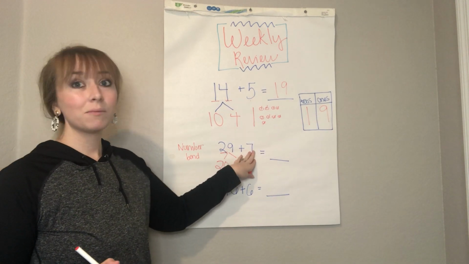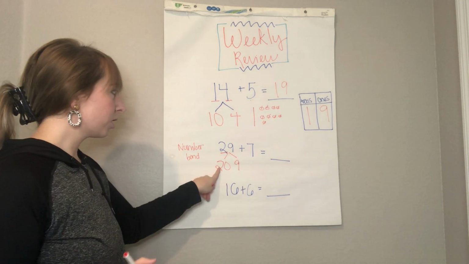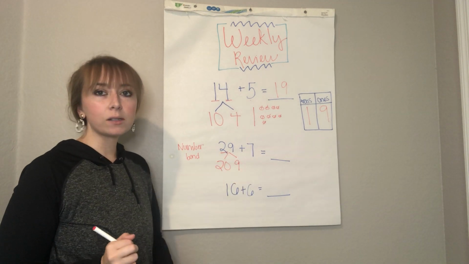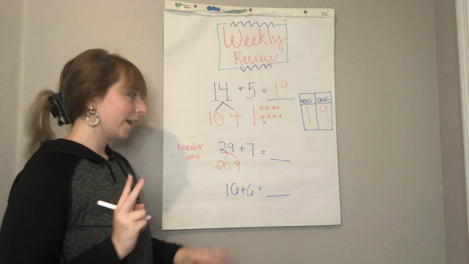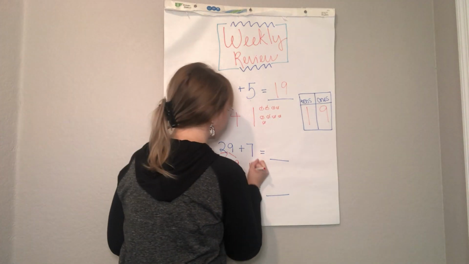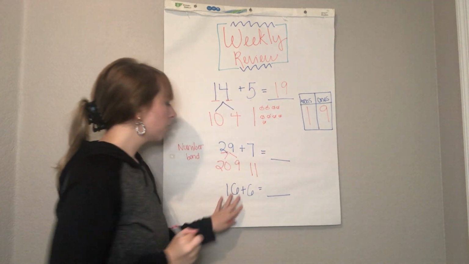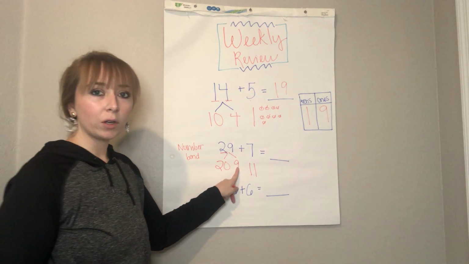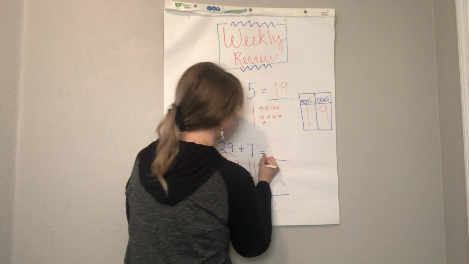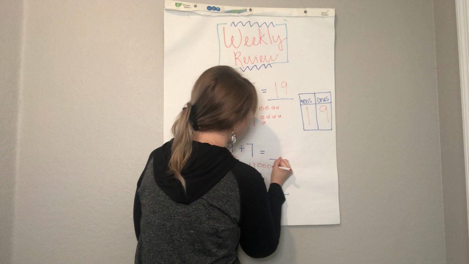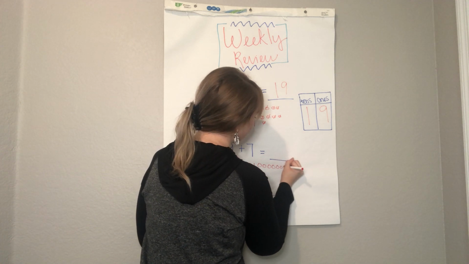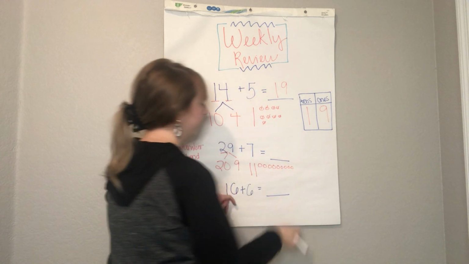So then our next step here, we are going to show a picture of us adding 20 plus 9 plus the 7. So let's start with 20. How many tens does Mrs. Gordon need to draw? I need to draw 2 tens. So we have 10, 20. We had 9 ones, so I'm going to go ahead and draw out 9 ones. 1, 2, 3, 4, 5, 6, 7, 8, 9.